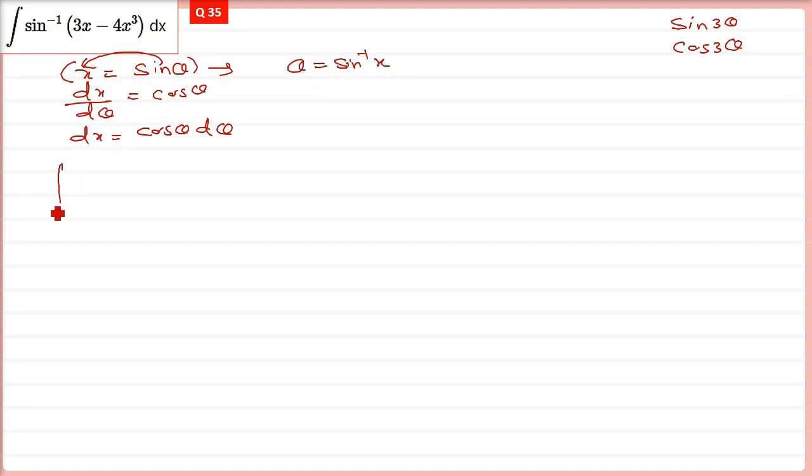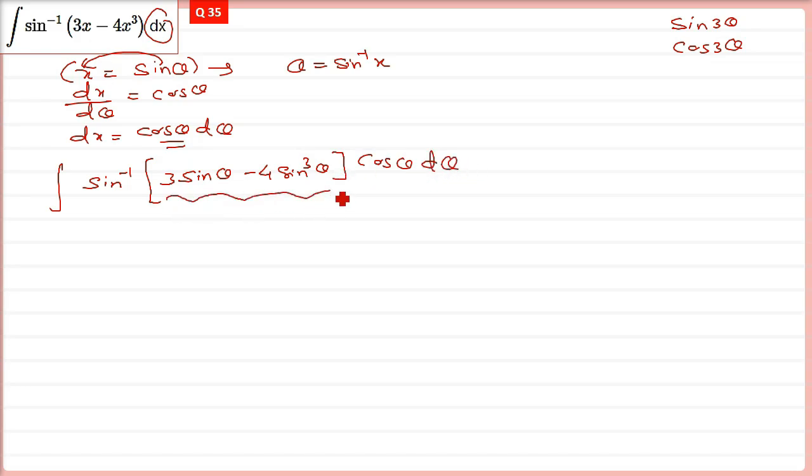Now this integration will give you sine inverse. Now inside this, because x was taken as sine theta, I am replacing it now. 3 sine theta minus 4 into x cube will be sine cube theta. And then we have a dx also. So since we have converted everything to theta, dx also has to be written as cos theta d theta.